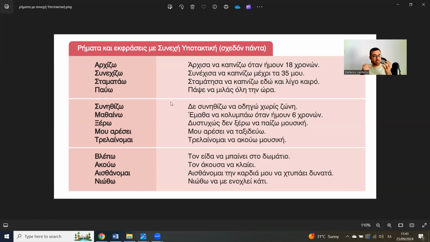What we mean is that the first one uses the stem that is continuous, παίζω, καπνίζω, διαβάζω, and the second one, we take the stem from the past simple. So, διάβασ, παίξ, what else? Καπνίσ. So we take that stem from the past simple. Okay, so repeated action and single action.